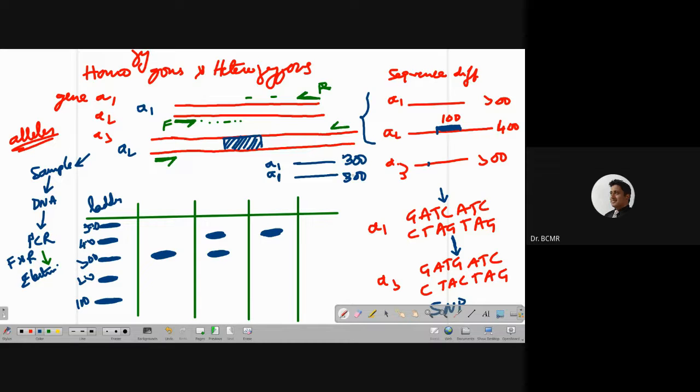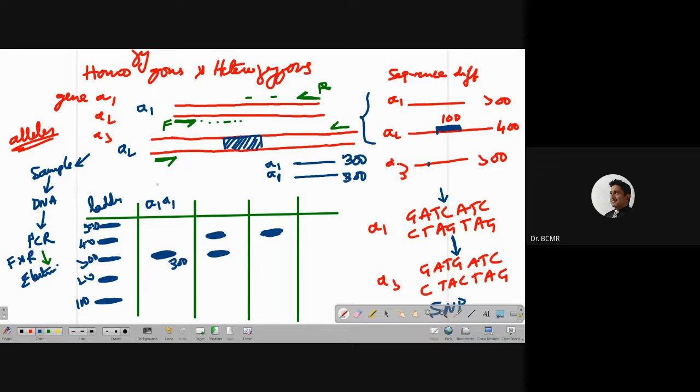So both will give only 300. They will travel together, and you would only get a 300 band. You will not be able to see a 400 base pair band. That means both alleles must have been A1 and A1.